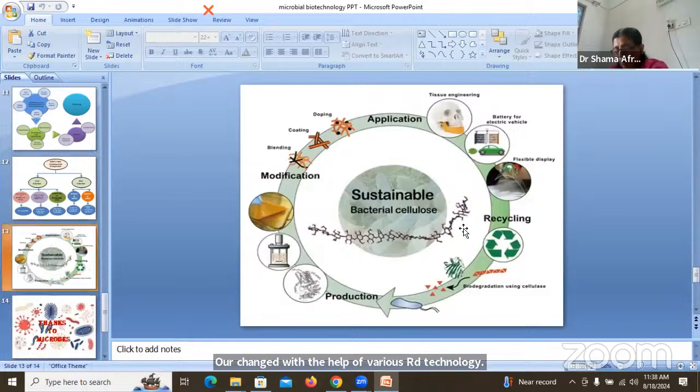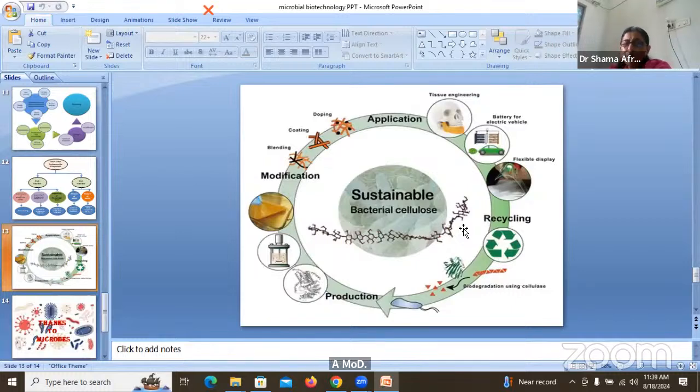So when we have modified an organism, I am taking an example of sustainable bacterial cellulose. How do we modify it? First of all, we use this microorganism with the help of tissue engineering. We modify it, and after modification of this bacteria, we blend it, we coat it, we dope it, and then we apply it for various processes.